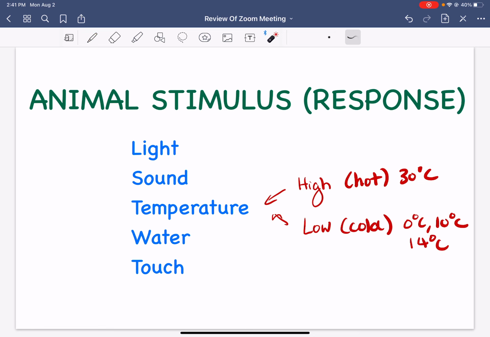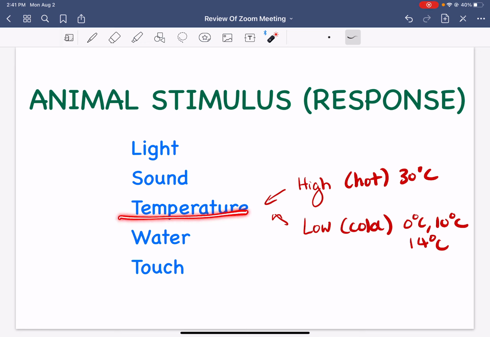High, hot. Low, cold. So Thailand would be high temperature. The temperature is always high because it's always hot in Thailand.